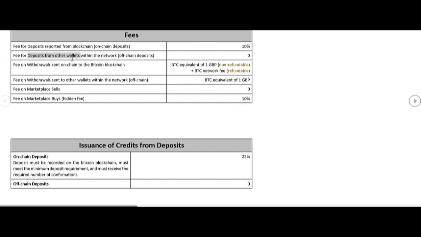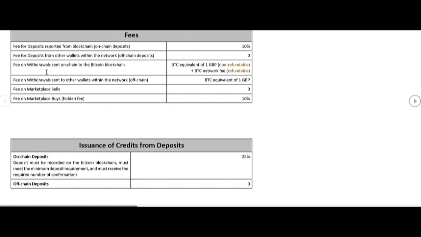Anytime you receive a deposit from other wallets within the network or these off-chain deposits, there's zero fee that your wallet will incur. Okay. So that's what we're dealing with as far as the deposits or Bitcoin that you receive into your wallet. If it's on chain, you can expect a 10% fee. If you're receiving it from another wallet within the network, there's zero fee.